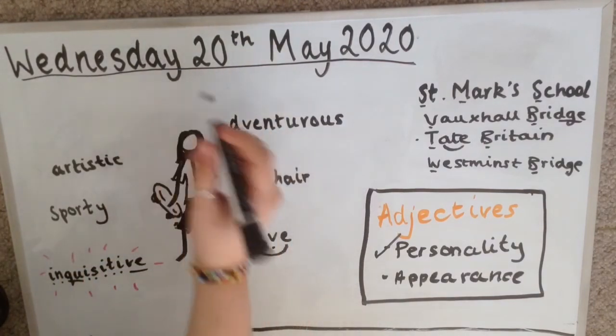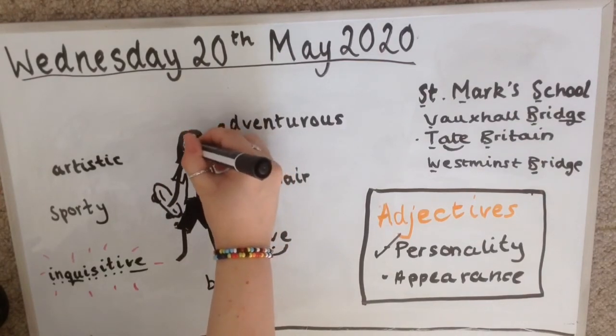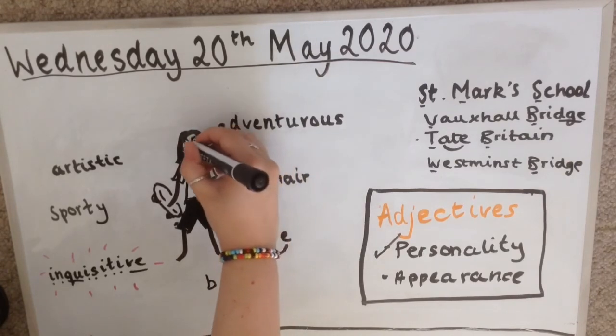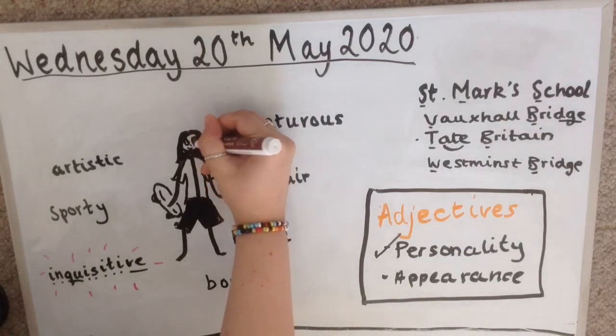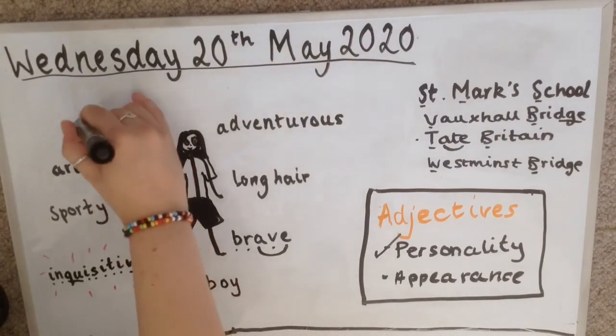I think also I'm just going to draw attention to the fact he has brown eyes. Okay, so I would quite like him to have brown eyes. I'm going to write that up here.